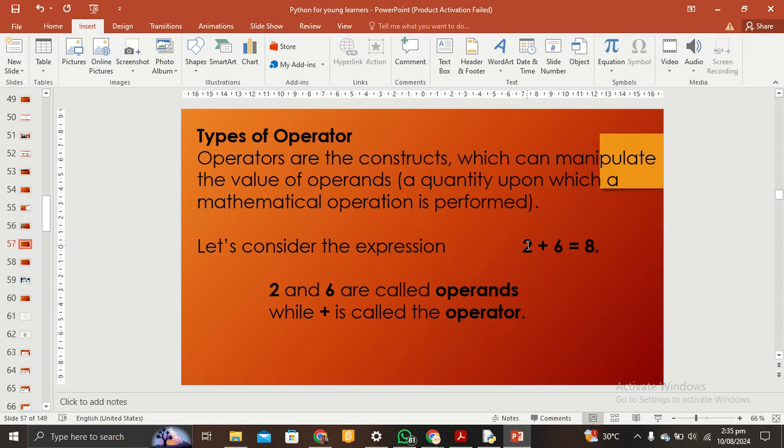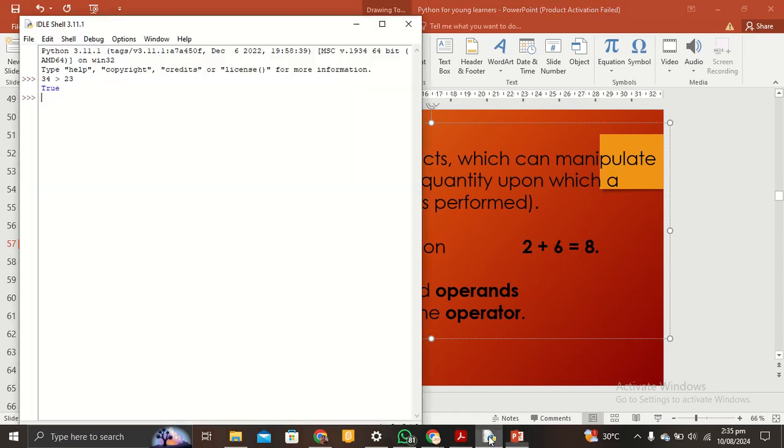When I say 2 plus 6 is equal to 8, what is 2 plus 6? 8. Yes, 2 plus 6 is 8.